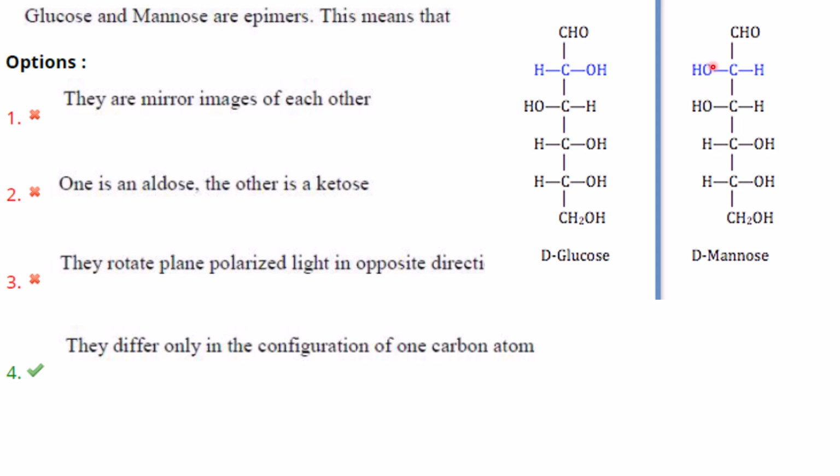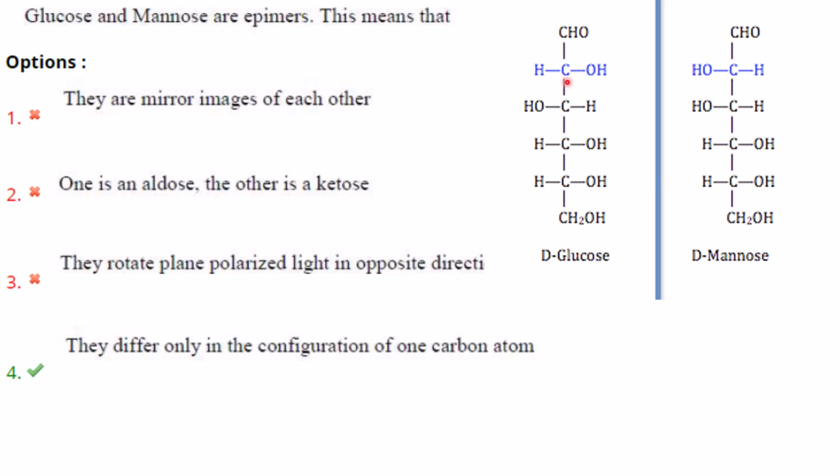Similarly for mannose also, 4 different groups are attached to the carbon atom. If you take this one, a different group is attached here, another here, another here, another here. So if you take this one, again a different group is attached to all the 4 valencies of the carbon atom. Now glucose and mannose are epimers, means they differ in the configuration at only one chiral carbon atom.